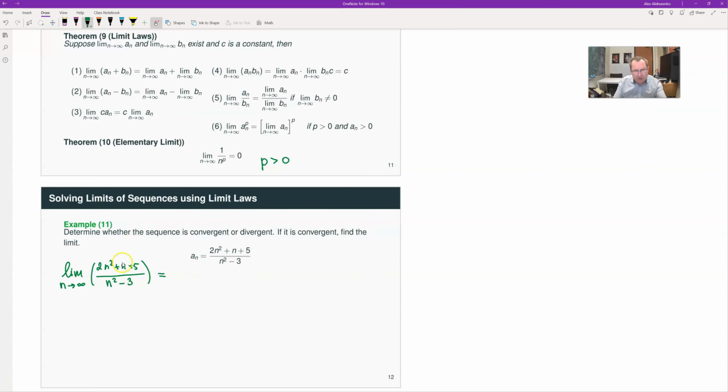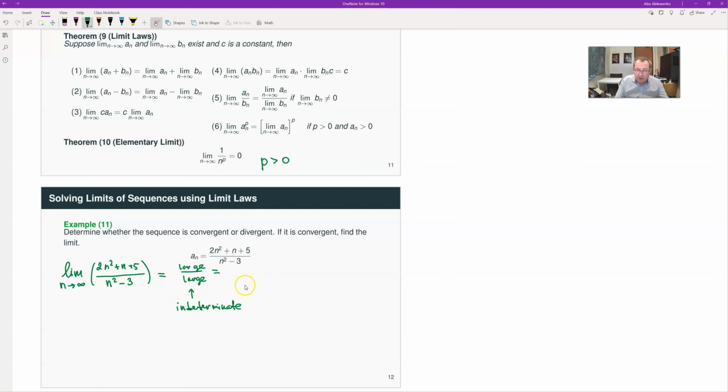Now, if we start to do just simple analysis, we have a large positive number in the numerator, and we have a large positive number in the denominator, and as of right now, it's impossible to make a conclusion. Large number over large number is indeterminate form. As it stands, we have large over large, and that is indeterminate.